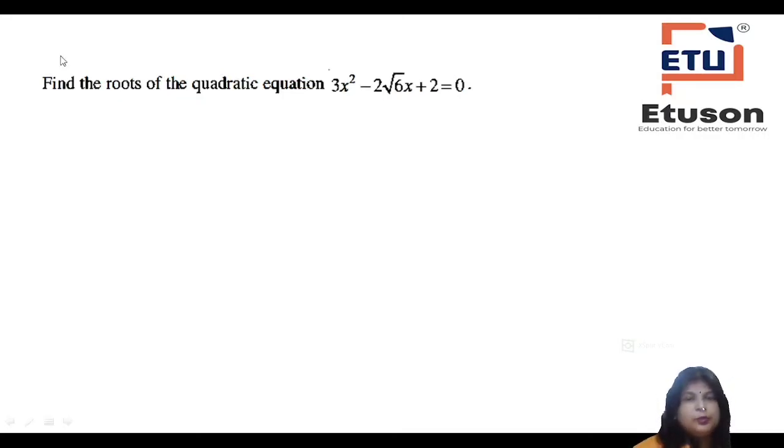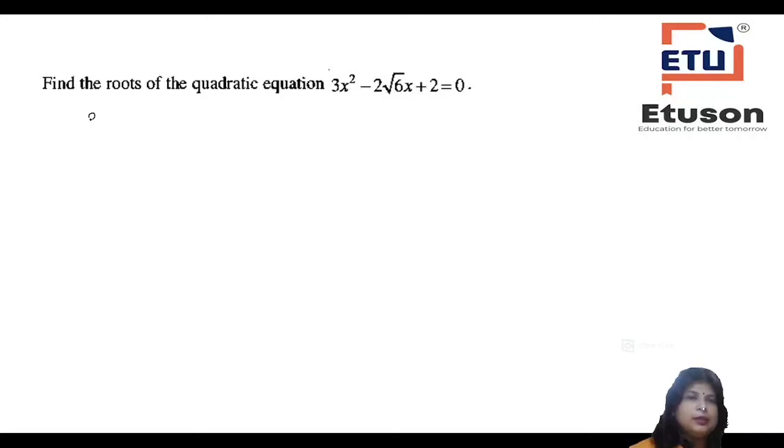Find the roots of the quadratic equation 3x square minus 2 root 6x plus 2 is equal to 0. Correct? So now in this quadratic equation, in order to find out how the middle term has to be split, you have to check that the product is equal to 6x square and the summation is equal to minus 2 root 6x. Correct?